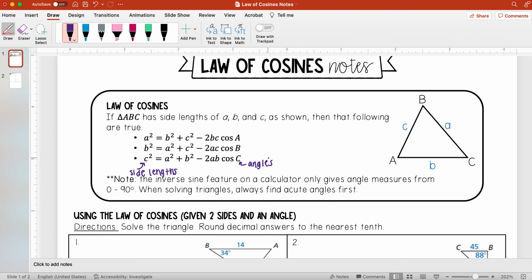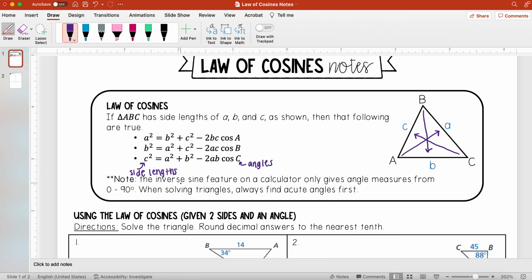Just like with law of sines and when we're finding the area of the triangle, the placement of your lowercase letters a, b, and c is very important. Remember that lowercase a is across from angle A, side b is across from angle B, and side c is across from angle C. Whenever we start these problems, I always encourage you to label your triangle first with A, B, and C, and then go from there.